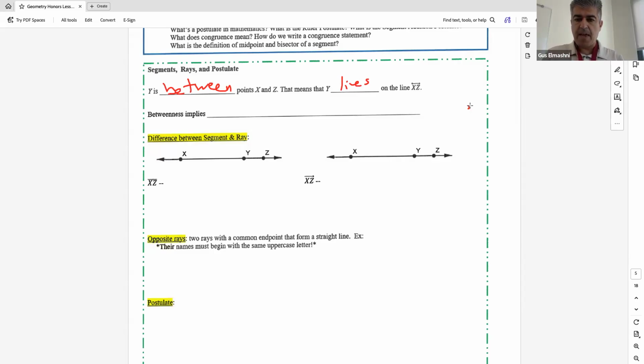So for example, let's say x here and z here, and I connected those two. To say it's in between means it lies on the line. So between this implies that points x, y, and z are collinear.